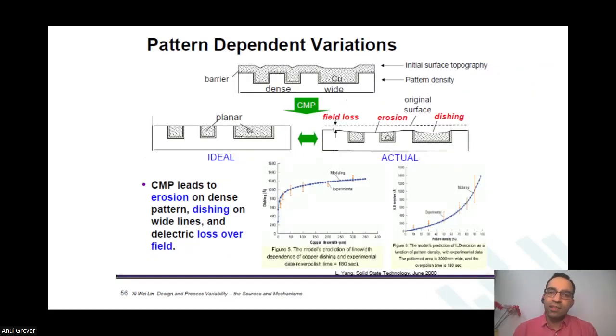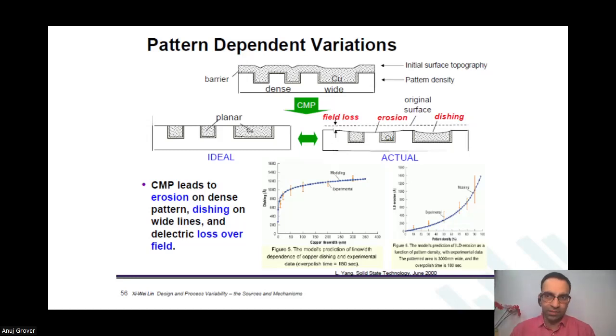Similarly, we already discussed the dishing in wires. You remember that? The dishing phenomenon in wires, because when we do chemical mechanical planarization. So how do we avoid this? Adding some SiO2 in between.